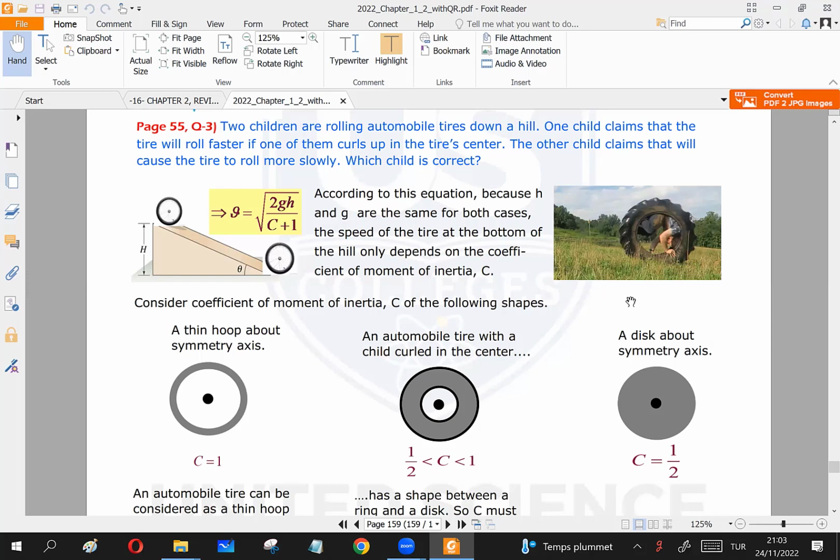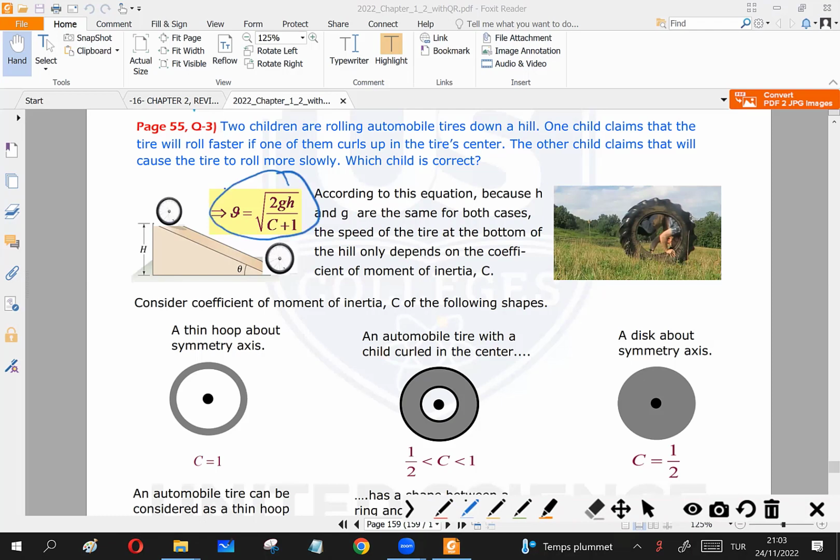But if the speed is slow at the bottom of the incline, you can say that it is slower. Now, we know an equation to calculate the speed at the bottom of the incline. Remember this: v = root of 2gh divided by (c plus 1), root 2gh divided by c plus 1.